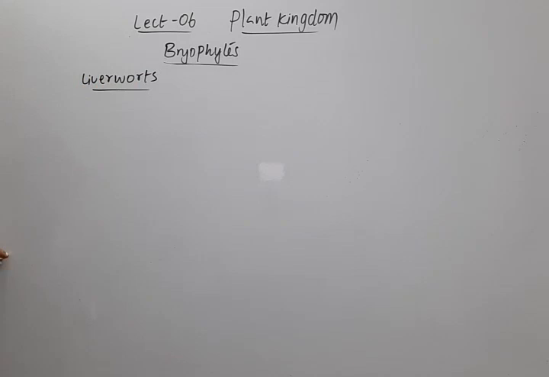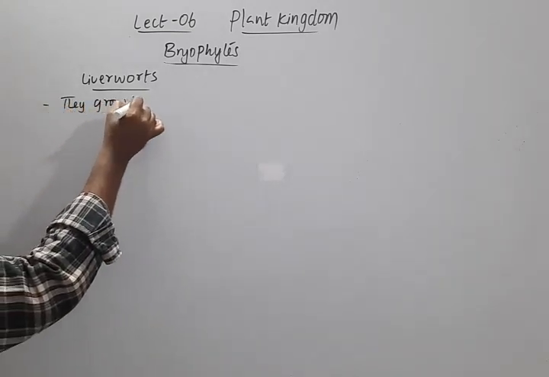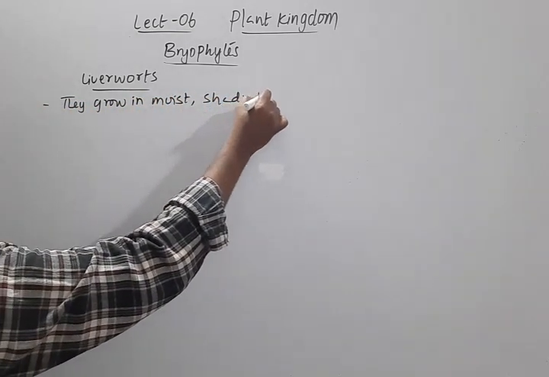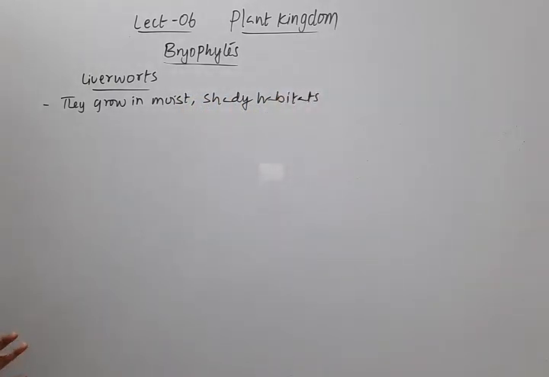liverworts. Coming to these liverworts, they grow in moist, shady habitats. So direct under sunlight they will not be growing. They will be growing under shade, and that location should be moist. So where are such habitats present?